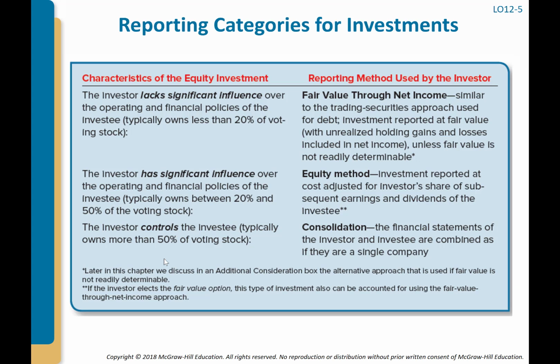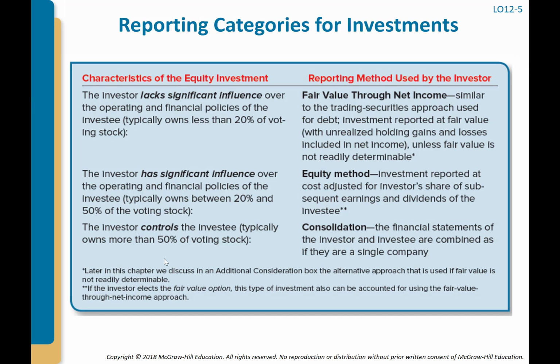Okay, so if we are taking the fair value through net income approach, the assumption is that we do not exert significant influence over the company whose stock we've purchased. We're talking about stocks now. And if that's the case, we will use the fair value through net income method, which is sort of the same thing we've seen for trading securities.